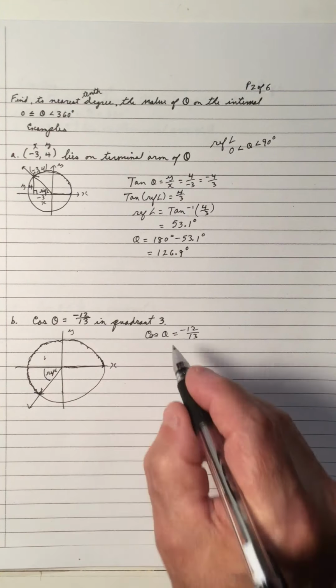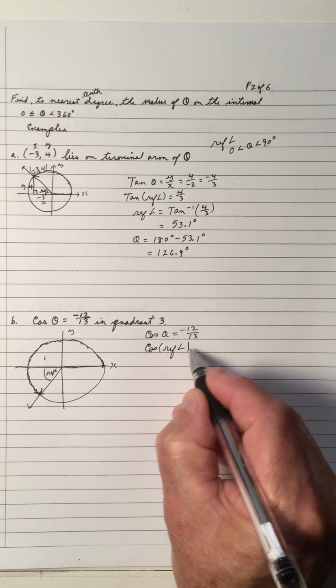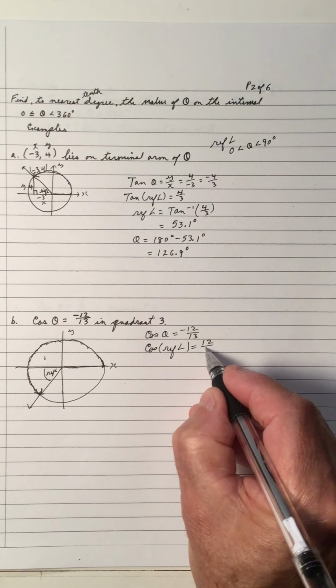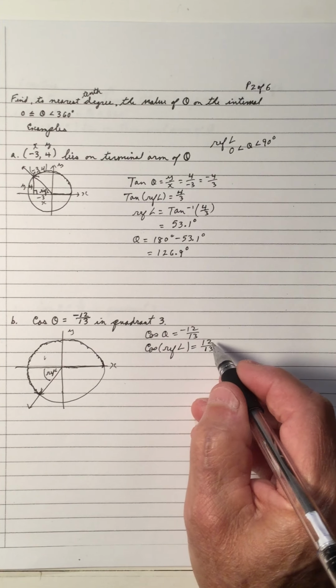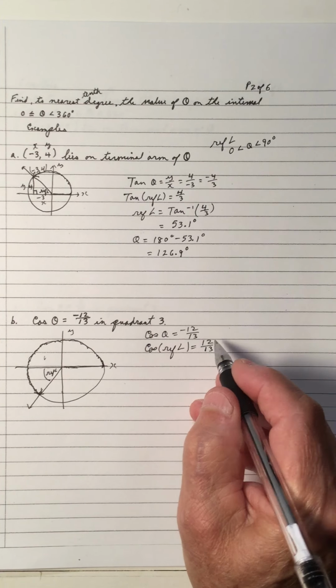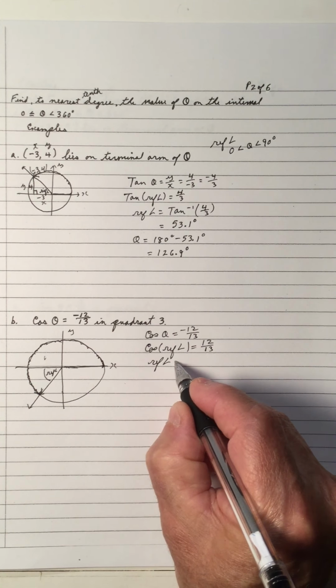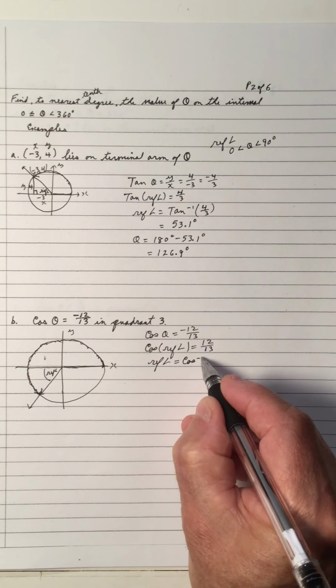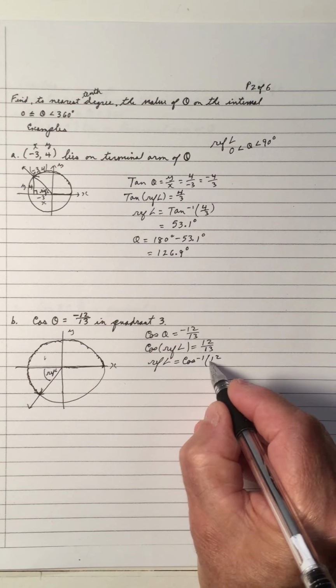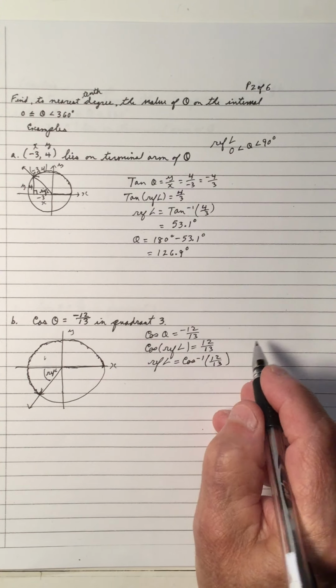So to get the reference angle, I'm going to say the cos of the reference angle is 12 over 13. Remember, when you want to get the reference angle, the fraction or the decimal or whatever you have should be positive. So therefore the reference angle is cos to the negative 1, and that'll appear on the calculator that I'm going to do now.